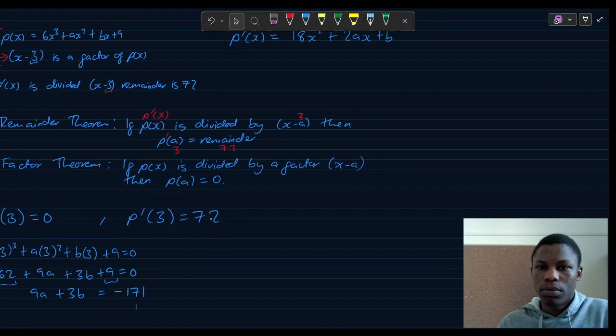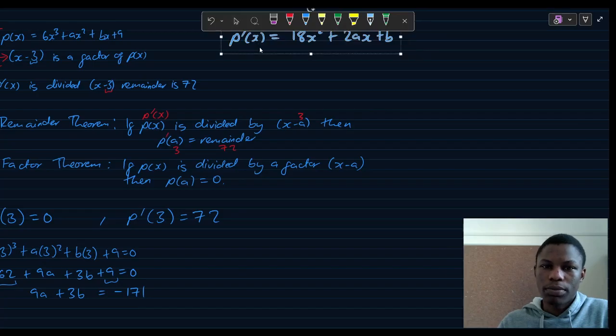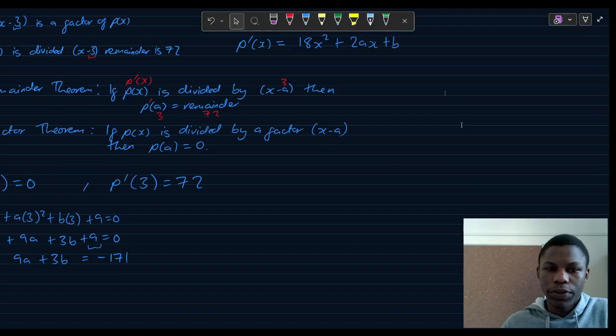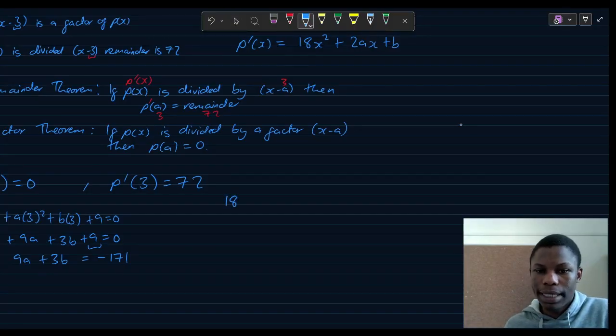So if we go back, let's bring this p prime down a bit. If we substitute 3 into p prime, we've got 18 times 3 squared plus 2a times 3 plus b, and this is all equal to 72.